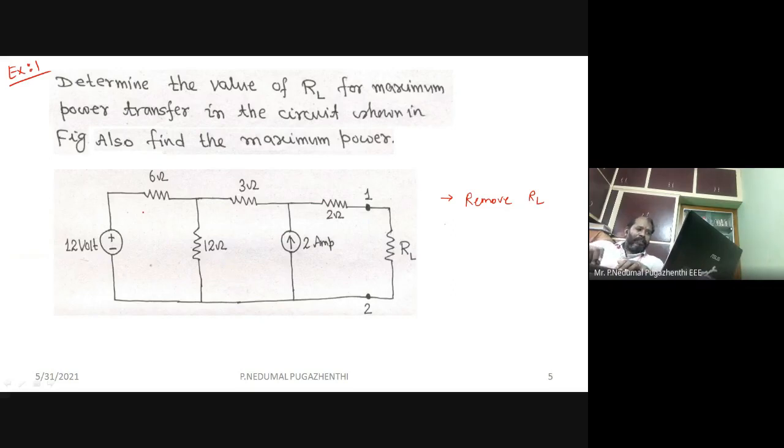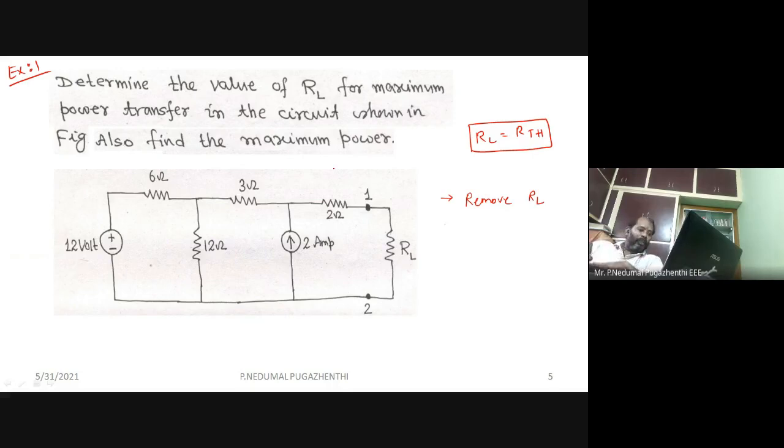What does the statement say? Determine the value of RL for maximum power transfer. So they are asking what the value of RL should be. We know the condition. What is the condition? RL should be equal to R Thevenin. That is the condition. Find the maximum power. So the condition I can say straight away, but to find the maximum power, I should know what R Thevenin is.